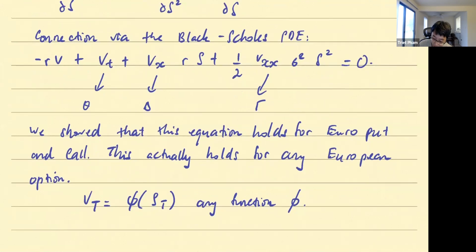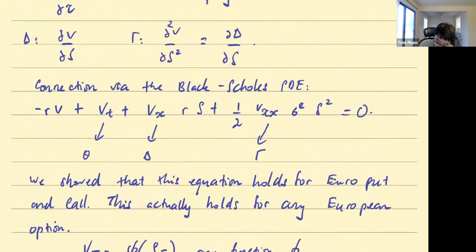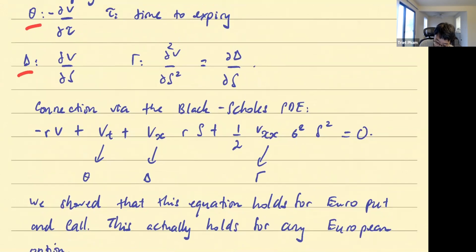Then when you compute the theta, the delta, and the gamma of the option, and plug them into the equation at any time moment, you add them up and you get 0.